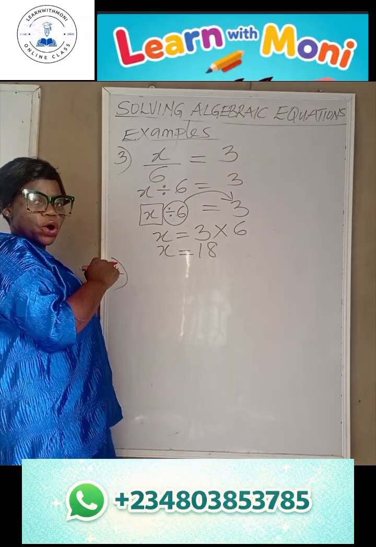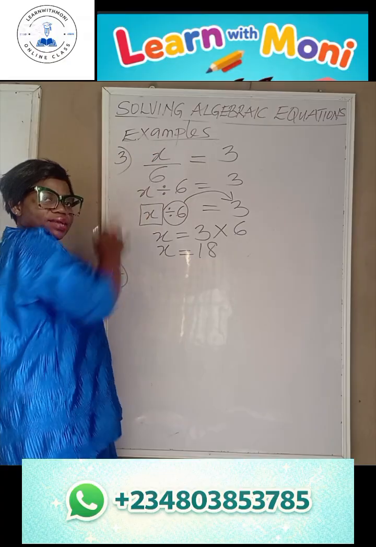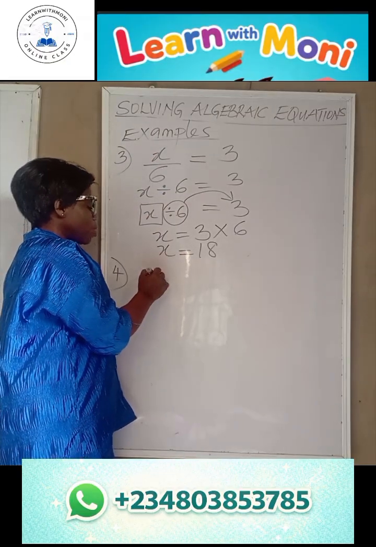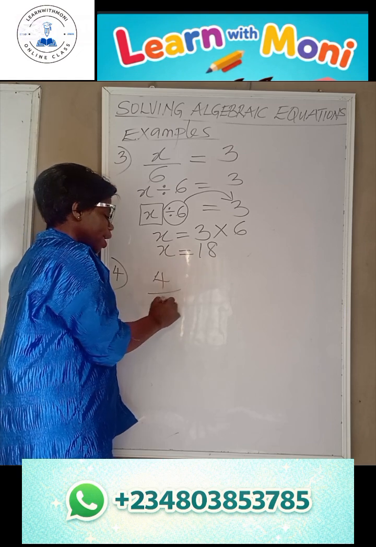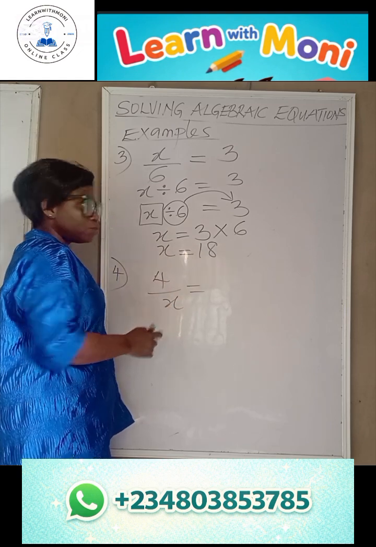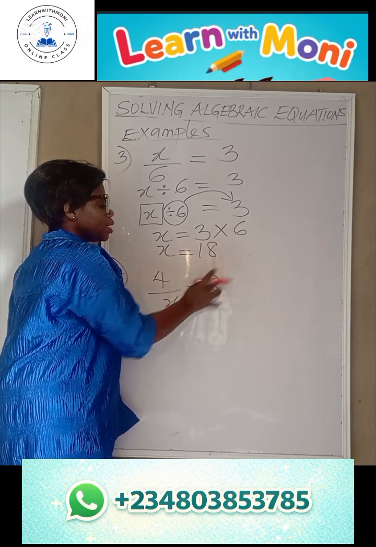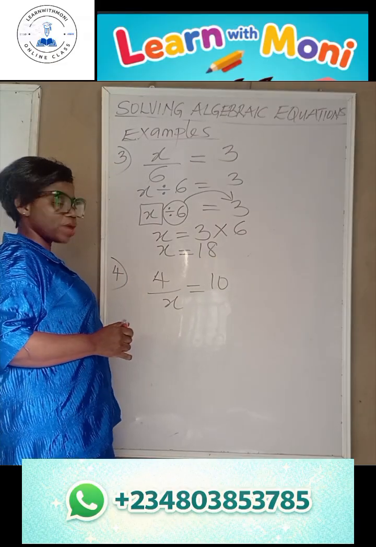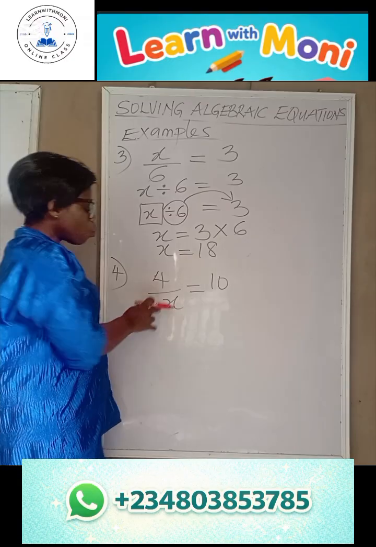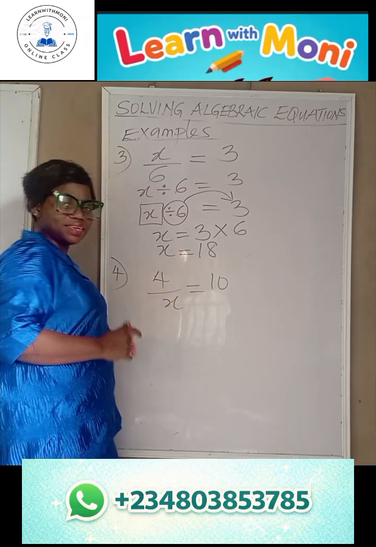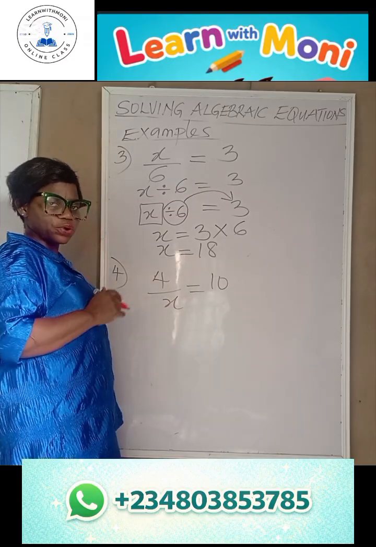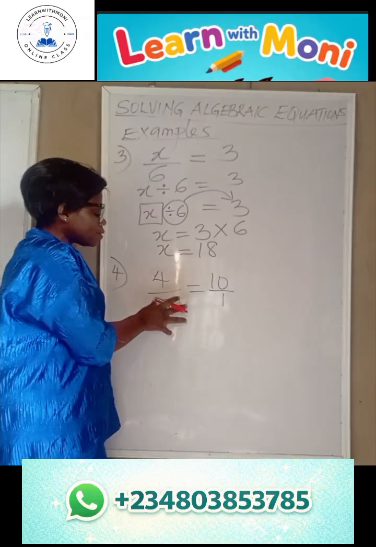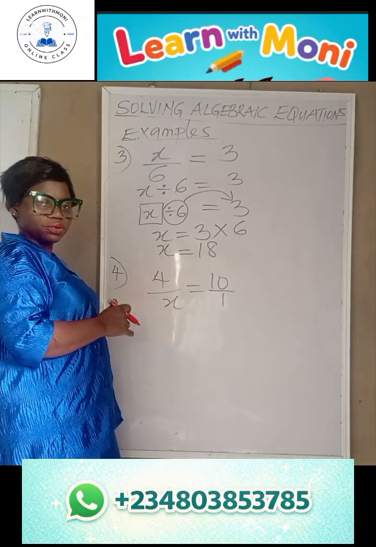Let's see other cases we can have. It is possible for us to have our x as the denominator. Look at this situation where I have 4 over x is equals to, let me choose 10. 4 over x is equals to 10. Whenever you have your x as a denominator, do this first. Do your cross multiplication so that you can clear this denominator.